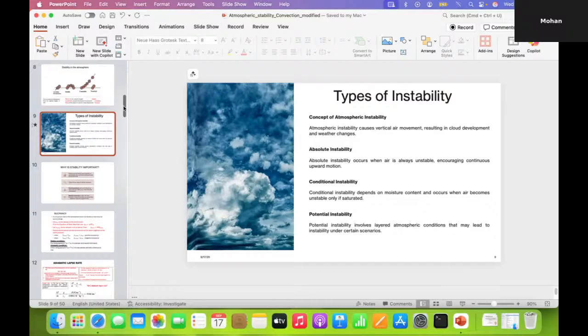In general, when you consider a parcel as a cube, or a ball, that is our imagination, with one small unit of volume, and how it goes up and down. But potential instability is layer-wise. It is not a single parcel. It is a layer, or a block, or a slab kind of thing.